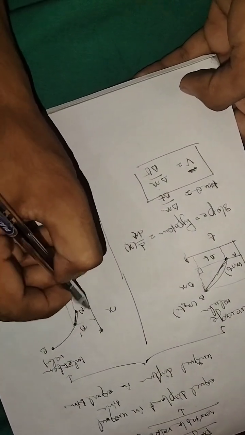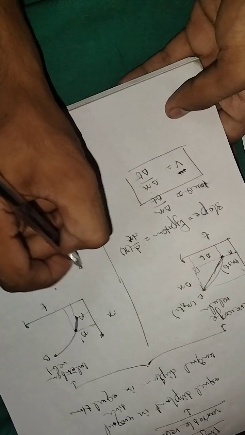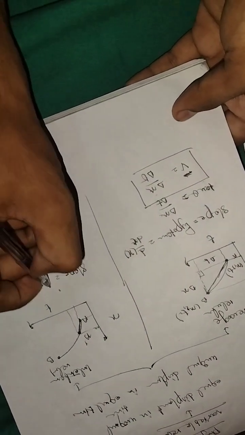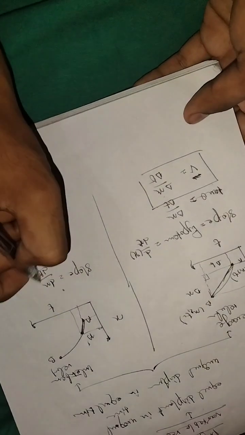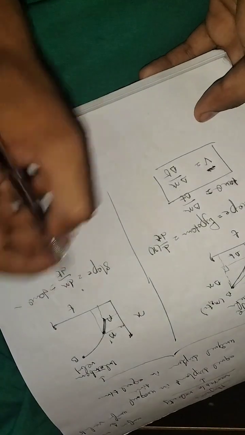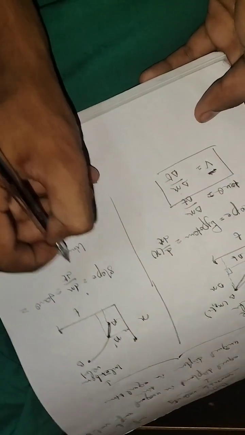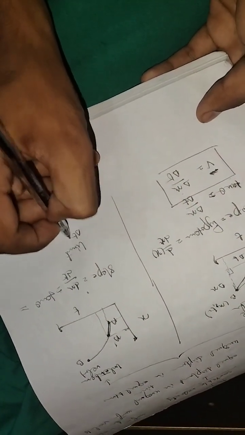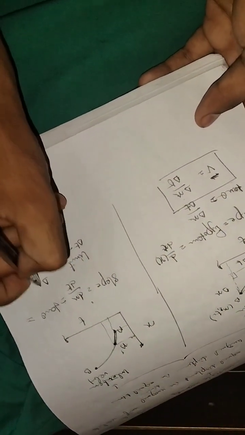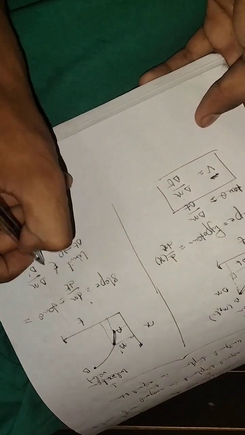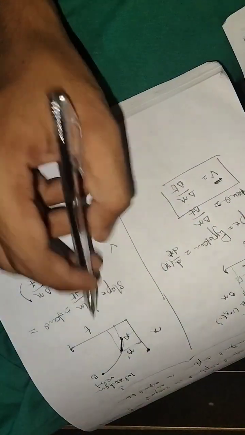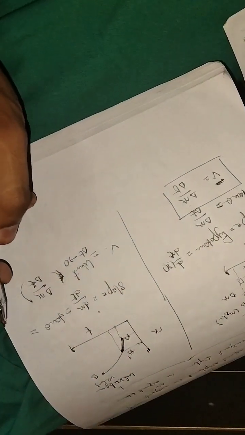So we will get the slope, or dx by dt, or tangent theta, in the limiting case where the time interval approaches 0, del x by del t. So this is the instantaneous velocity.